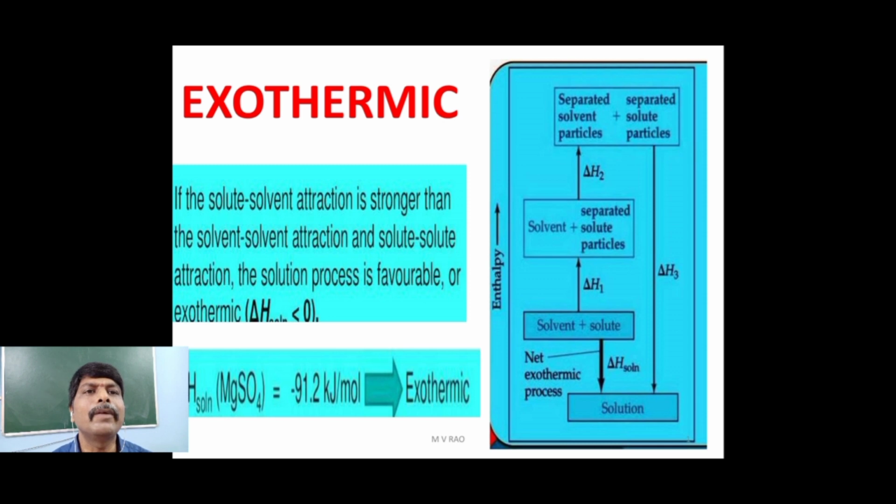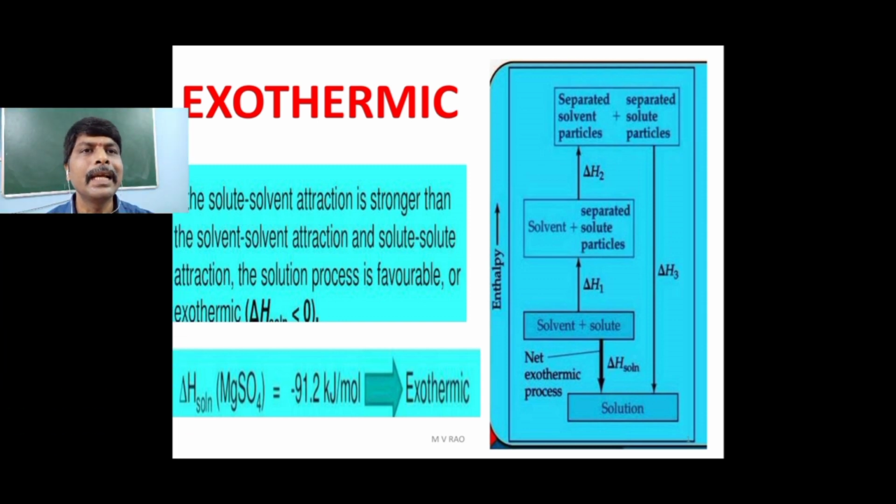Solvent-solvent attraction is delta H2. Solute-solute attraction is delta H1. So here delta H3 is greater than delta H1 and delta H2. Enthalpy absorbed is less, enthalpy released is more. So overall it is exothermic. Enthalpy of solution is exothermic.